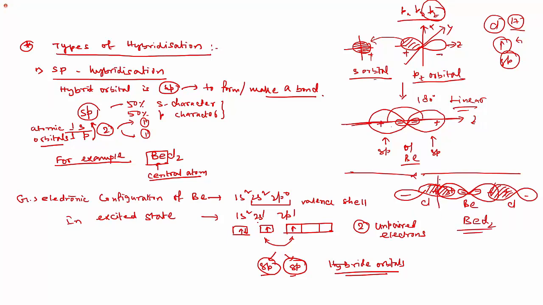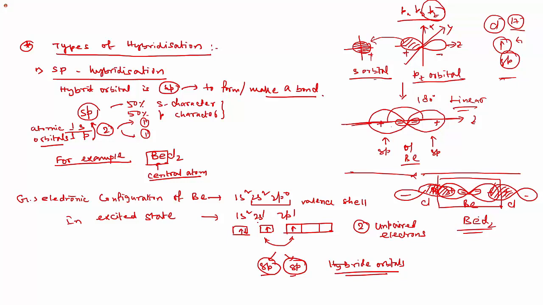This part is for the beryllium, the two sp hybridized orbitals, and these are going to overlap with the unpaired electrons of the chlorine atoms, each present in a p orbital. So this is the p orbital of one chlorine, and this is the p orbital of the other chlorine. In this way they make the molecule BeCl2.